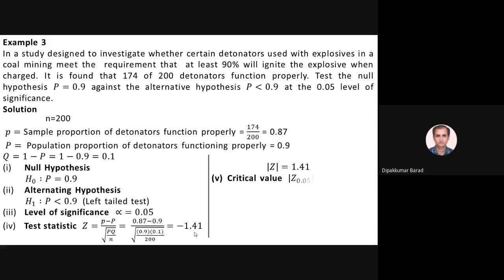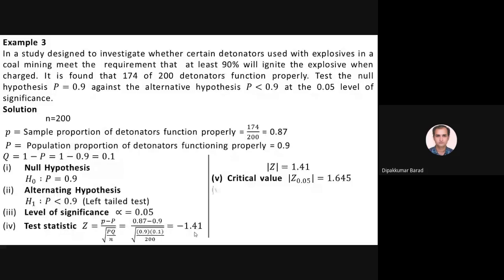Now the critical value, as we know, for a left-tailed test at 5% level of significance, is 1.645. Now you have to compare mod Z and mod Z at 0.05. So mod Z is less than mod Z at 0.05.